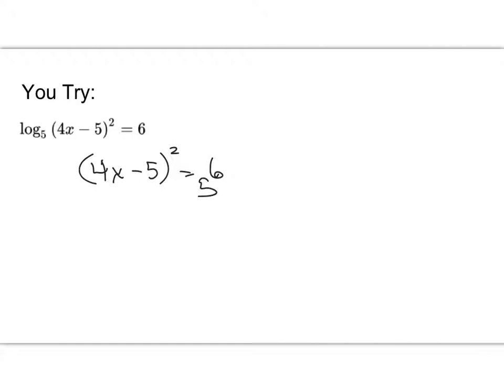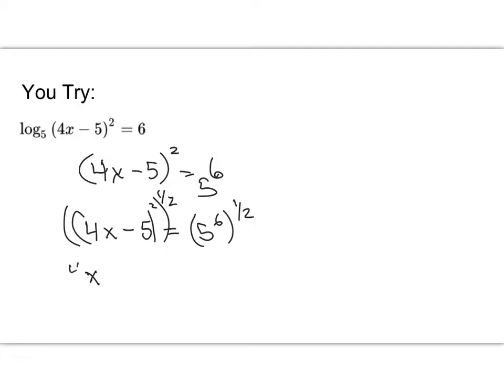Okay, and then if I take the square root of both sides, 4x minus 5 to the 1/2 is equal to 5 to the 6th to the 1/2, which means that 4x minus 5, because my 1/2 and 2 cancel each other out, is equal to 5 to the 3rd.